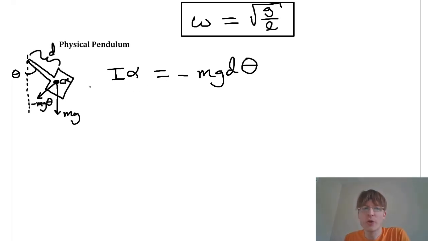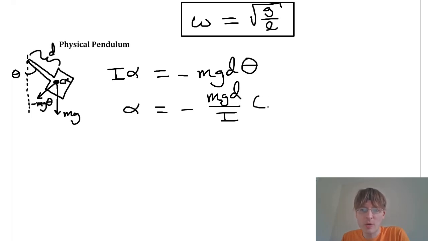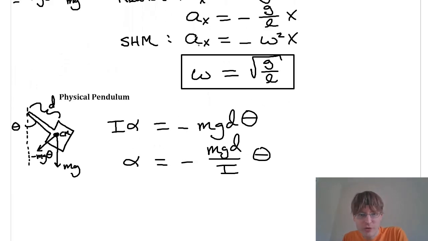So what do we have here? Does this thing follow simple harmonic motion or what? Well, let's see. This tells me alpha is equal to minus mgd over I times the angle theta. That looks a lot like the simple harmonic motion equation, which says that the acceleration is equal to minus omega squared times x.